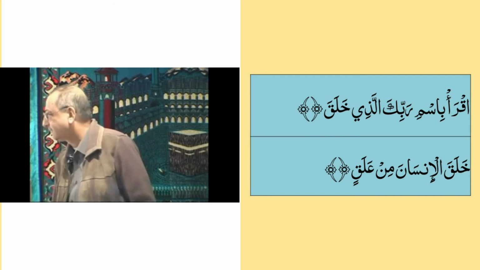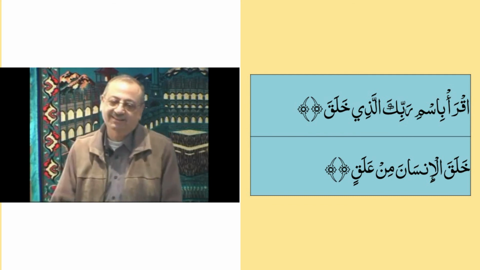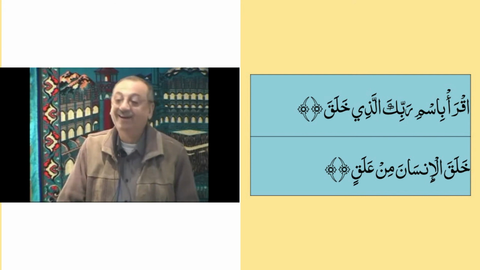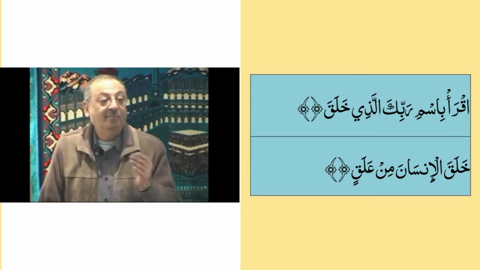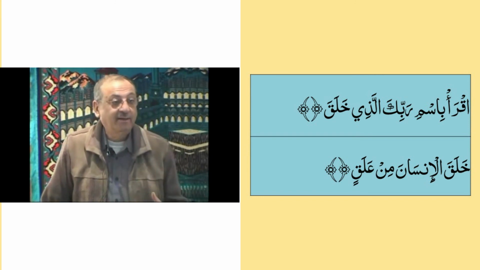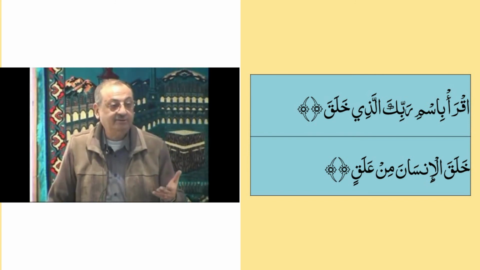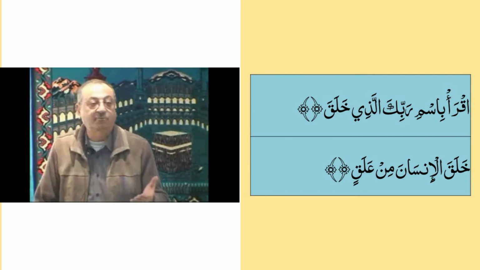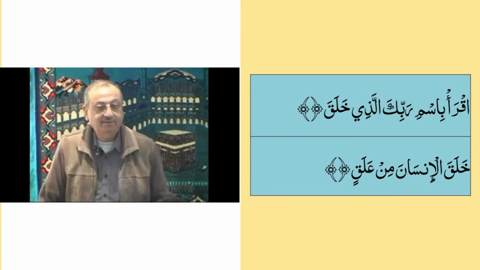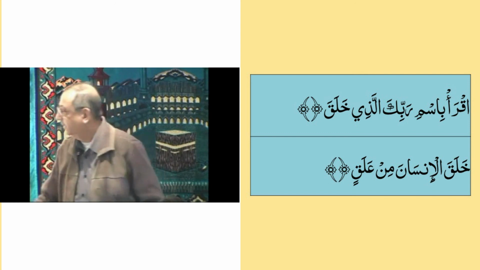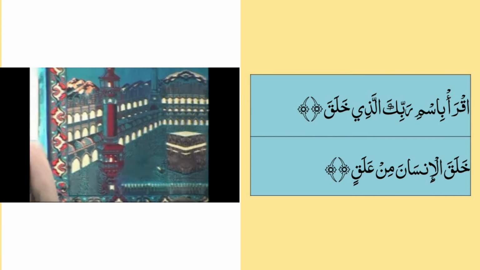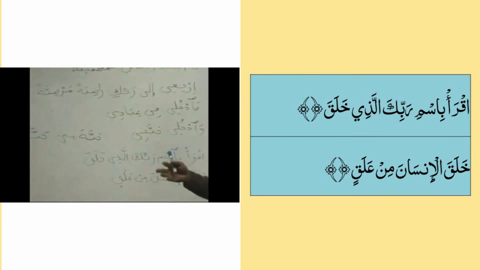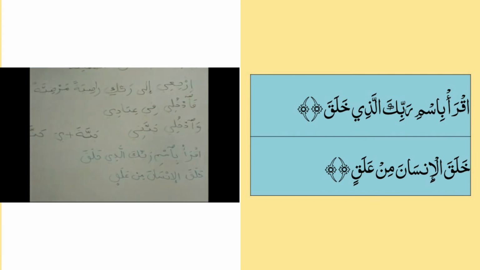Now what is this Allazi? You see, Allazi itself is ism mawsul, but we have to describe it. Is it ism majrur? Is it na'at? Is it fa'il? Is it maf'ulun bihi? What is it? In this particular case, Allazi is describing Rabbi. What do you want to tell me about the Rabb?